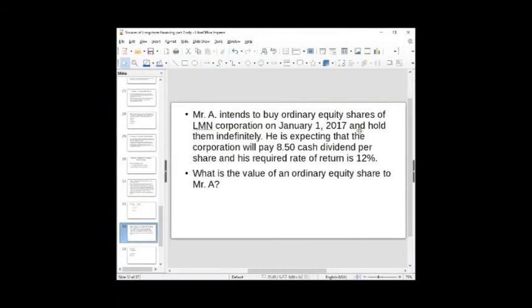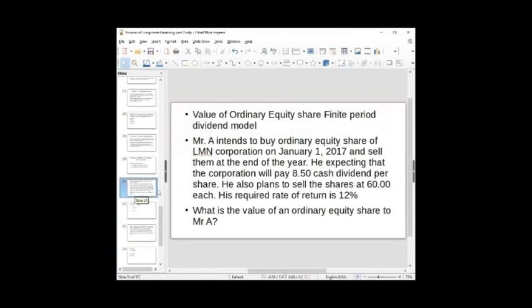The other method of getting the value of the ordinary equity share is on the same problem that we had, January 2017, expecting 8.50 cash dividend with a required return of 12%. What is the difference? There is no plan to sell the shares, no given value on this matter.